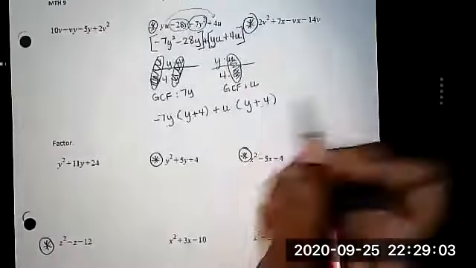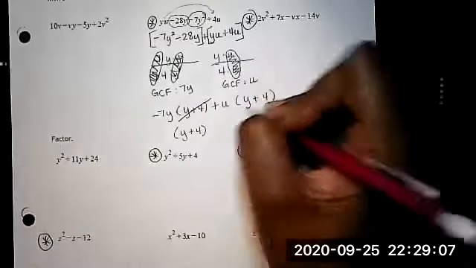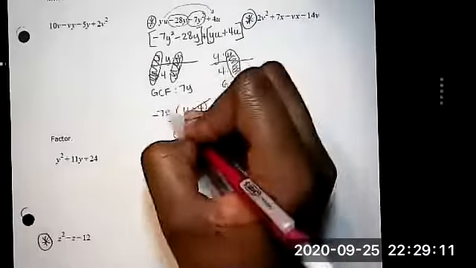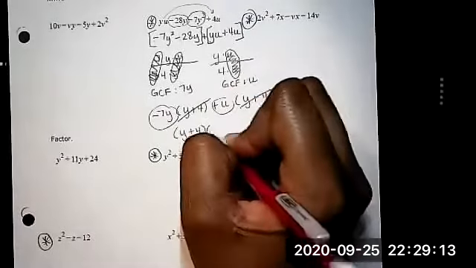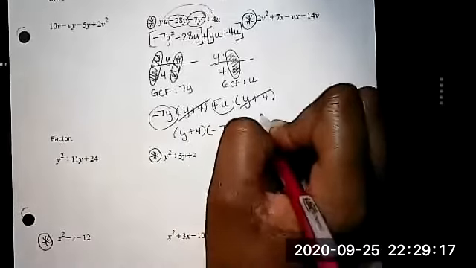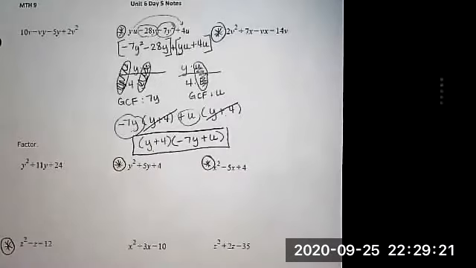So again, y plus 4 and y plus 4 come to the beginning. When they have those in common, I can put it in front. What is left over? Negative 7y plus u there. Took me a little while to figure that one out, but that's how you do that one.